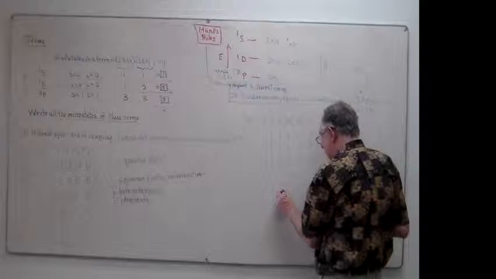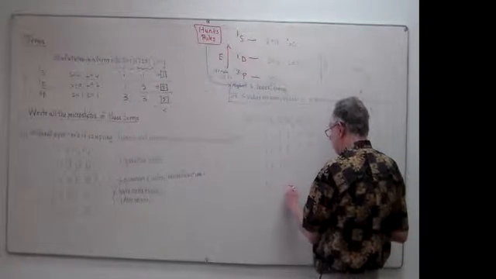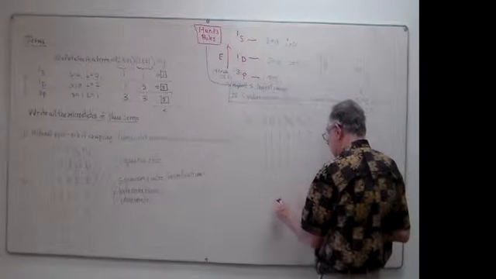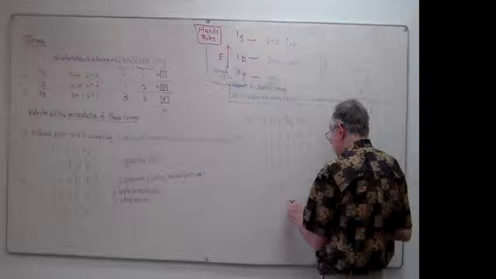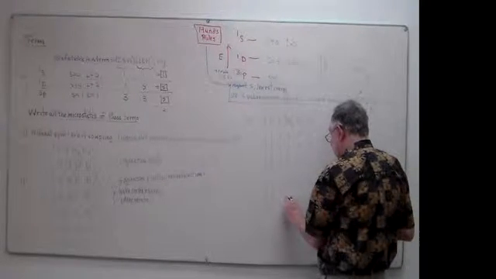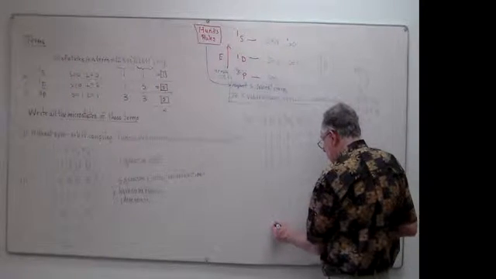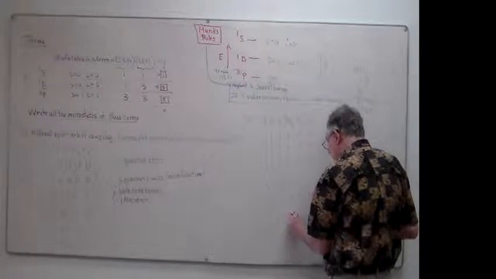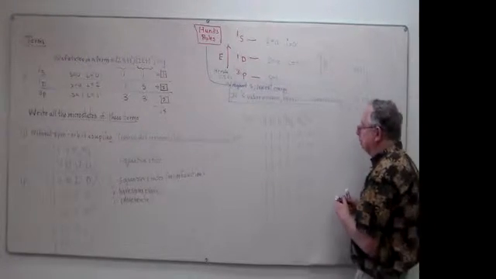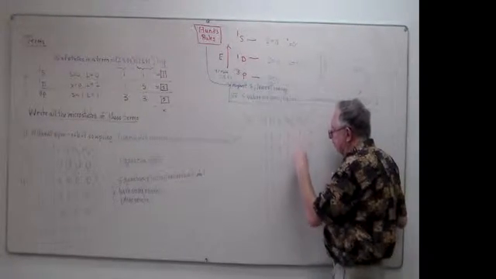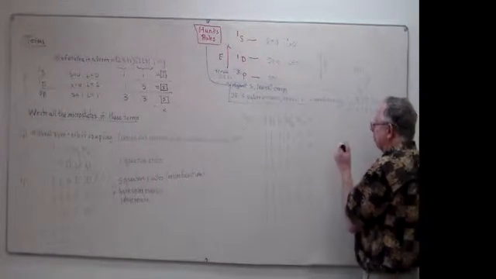1, 1, 1. And then I'm going to go to 0. 1, 1, 0, 1. 1, 1, 0, 0. And 1, 1, 0, -1. So I'm choosing a given M sub L, and I'm systematically varying the M sub S. And there are other ways to do it symmetrically.